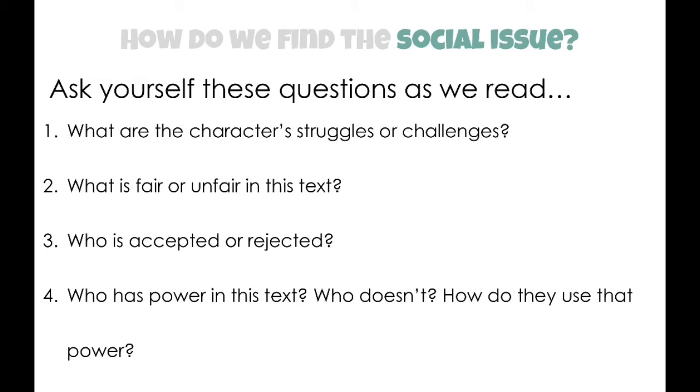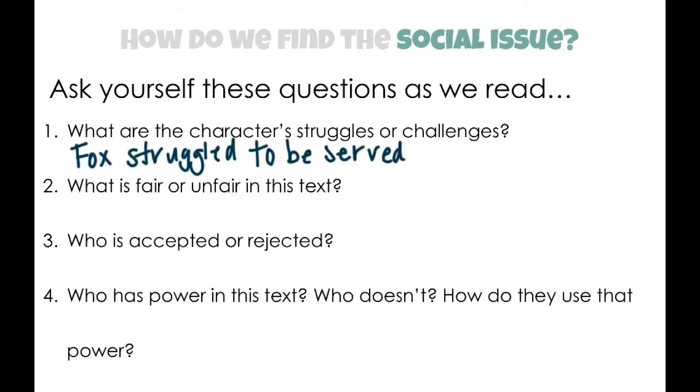Alright, so as you watch that video, you were supposed to be thinking about these questions. Let's answer them together. So what are the characters' struggles or challenges? Well, Fox struggled to be served a Jumbo Pop.